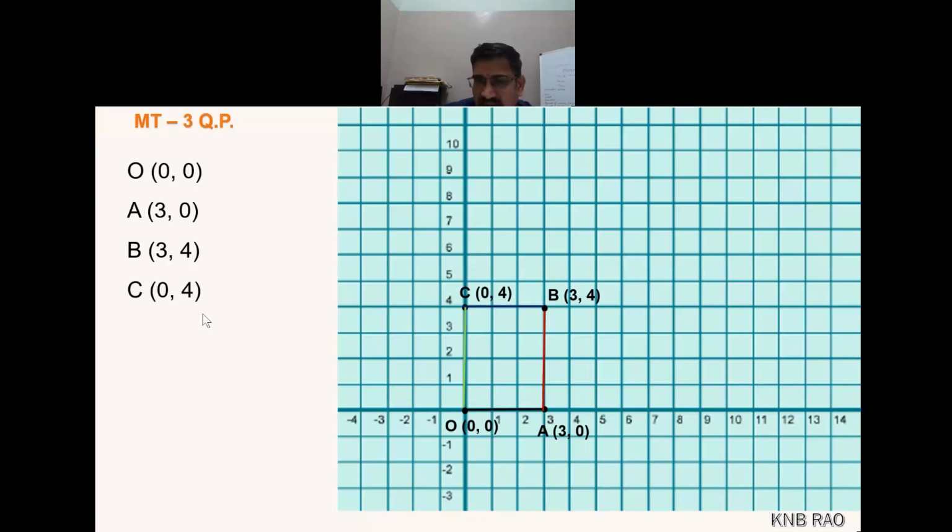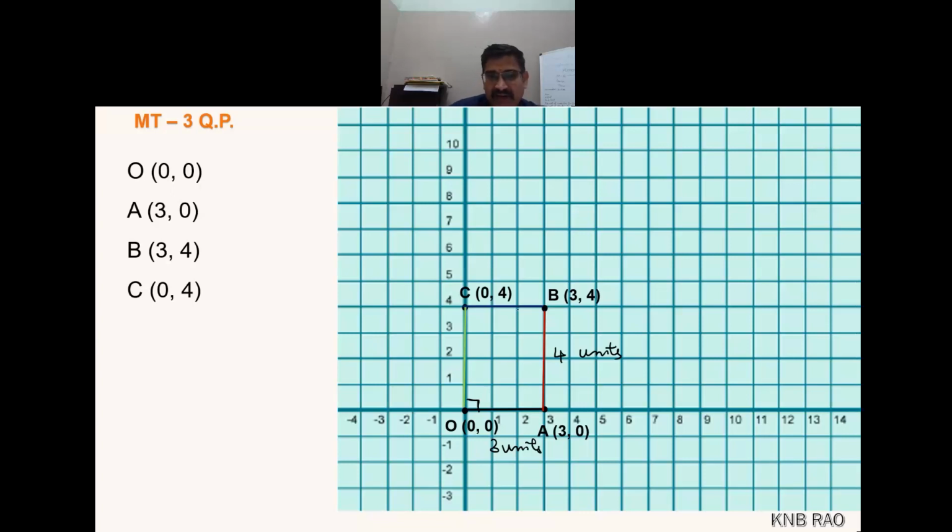Because its dimensions are not equal. They are 3 units being one dimension, 4 units being another dimension. And obviously you could observe it's a rectangle because amongst the angles of this quadrilateral, one angle is 90, and here opposite sides are equal.